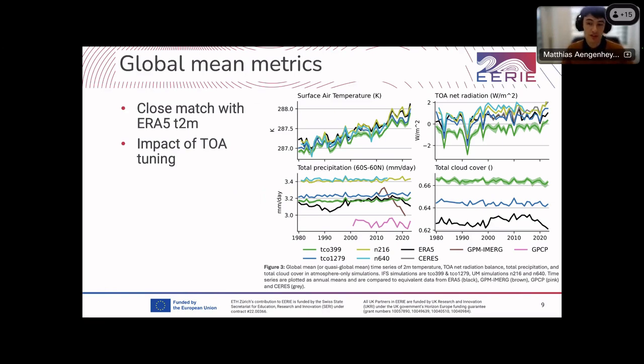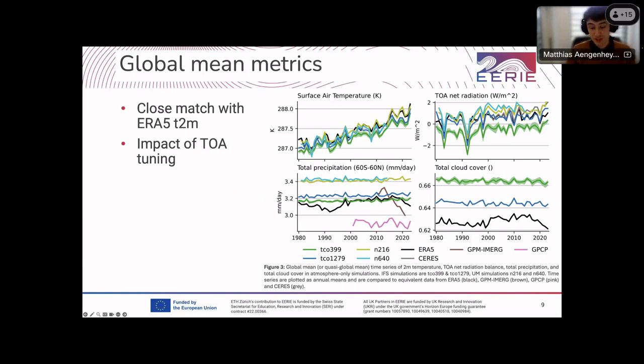And we made the choice to use the same tune settings also for the lower resolution configuration, but you can see by the green that this doesn't match as well, simply because this is resolution dependent and we've chosen to use the same parameters. This does not have any large impacts in our simulations because we use an atmosphere only configuration. But this might be something to look into in coupled simulations, where this could induce ocean biases and such.